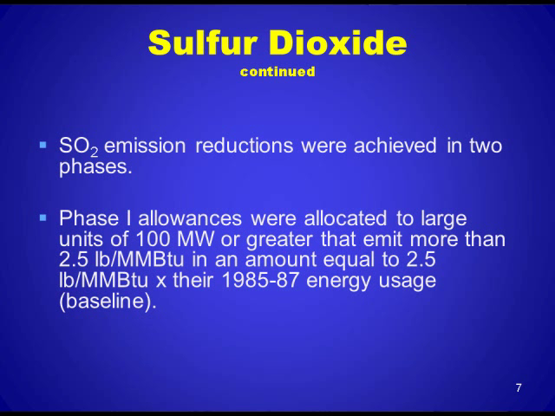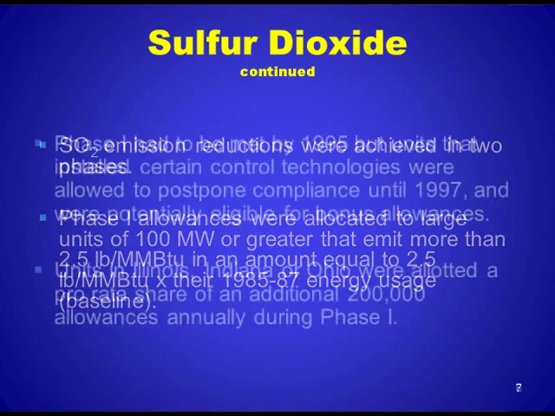Phase 1 allowances were allocated to large units of 100 megawatts or greater that emit more than 2.5 pounds per million BTU, in an amount equal to 2.5 pounds per million BTU times their 1985 to 1987 energy usage. That's their baseline.